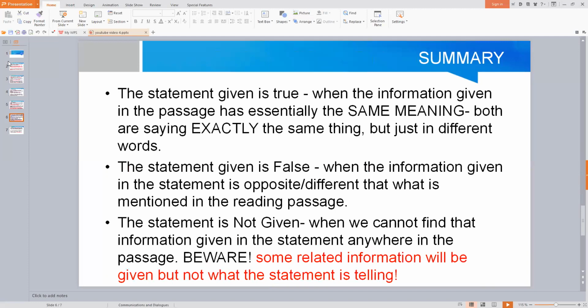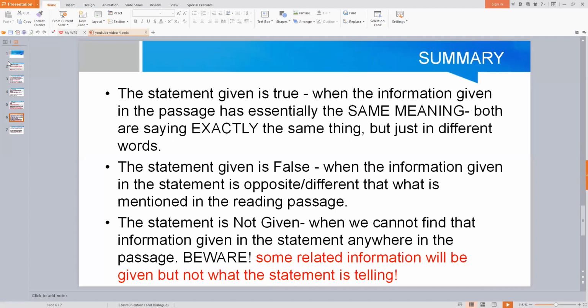The reading passage doesn't say anything about it. There is no information about who suggested he go to Oxford. Yes, he went, but who suggested it? We don't know. So the statement is not given. The specific information that the statement is telling us about is not given in the reading passage.